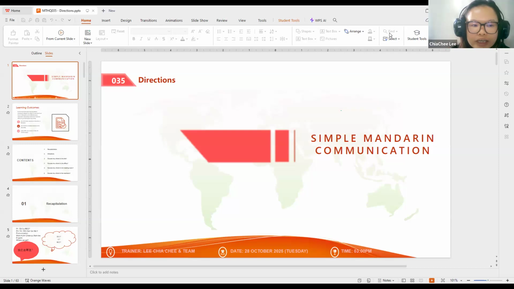First, we will try to ask and answer questions of direction in Mandarin. Second, we will use common workplace location terms accurately, which we introduced in our previous training. And then we will apply polite expression in daily site communication. So these are the 3 learning outcomes we would like to achieve.